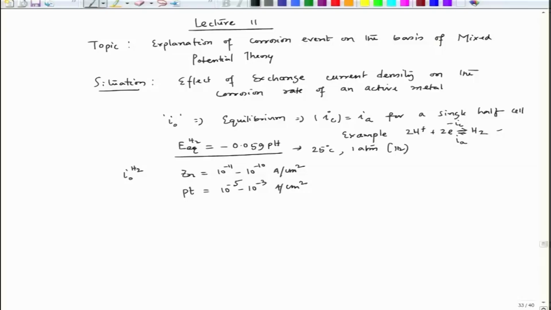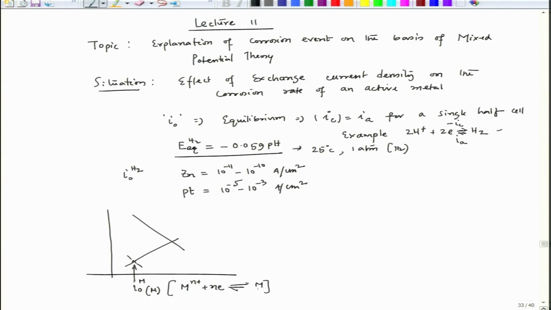Now, for example, if I consider some metal, it has some exchange current density. Let us say this is I 0 of metal over metal surface, and here M going to M n plus plus n e, this reaction is considered, and this is my E equilibrium of that metal.